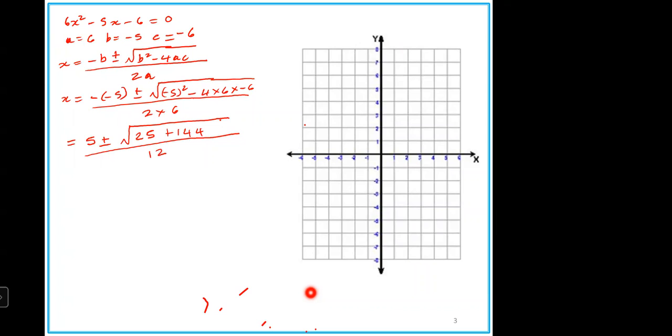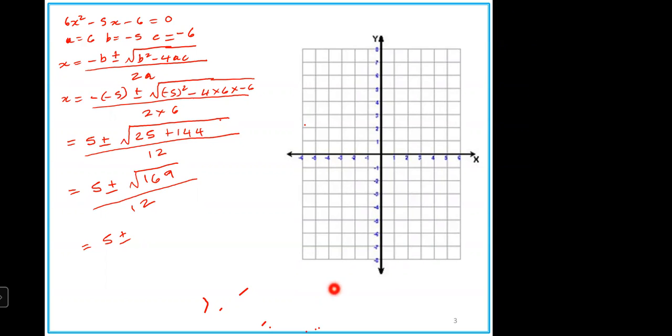Well, yeah, 2 6s are 12. So then that's going to be equal to 5 plus or minus the square root of 25 plus 144, that's 169, over 12. Okay, so that's equal to 5 plus or minus the square root of 169. You should be able to work that out. I think that's 13. 169 square root is 13.